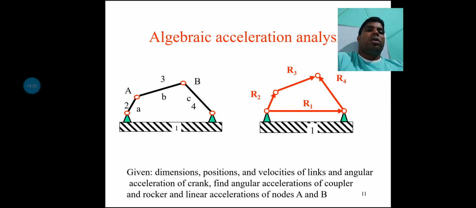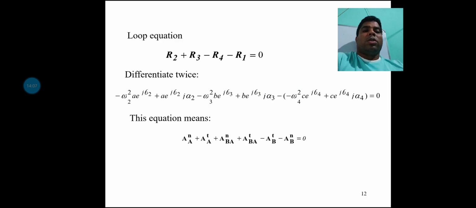So that's why in the actual loop equations we can get R2 plus R3 minus R4 minus R1 is equal to 0. And if I differentiate all the parameters, each and every point, it cannot be shown in this slide, but it is a fact that after putting in all the values, we can get this equation in the form of acceleration with normal and acceleration with time.